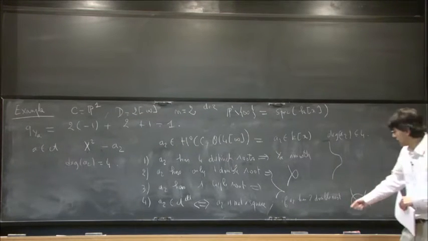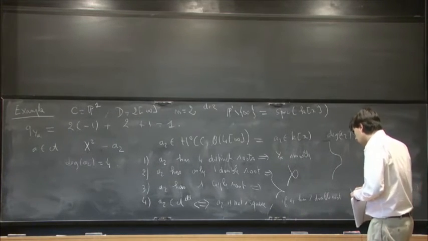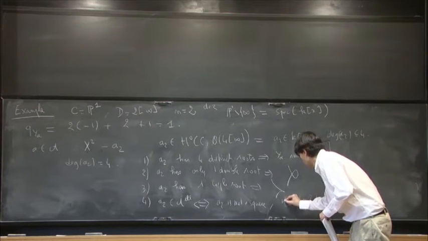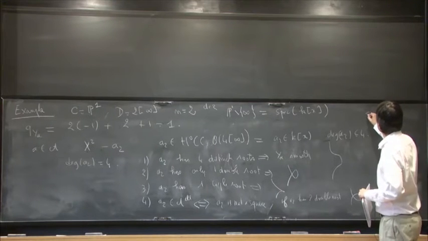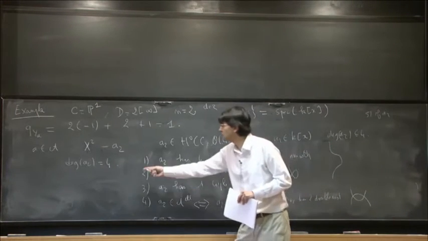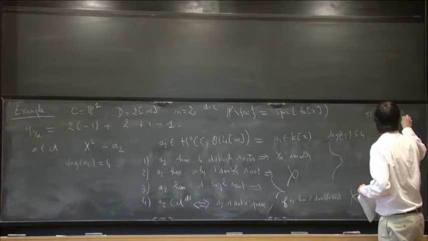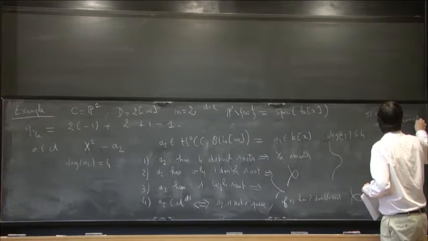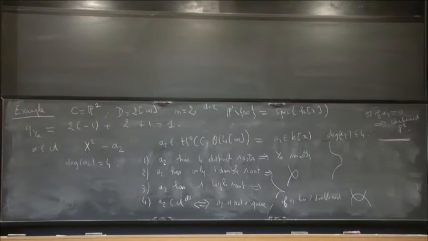And also, if a2 is 0, we get a double P1 in this case. So these are the pictures.